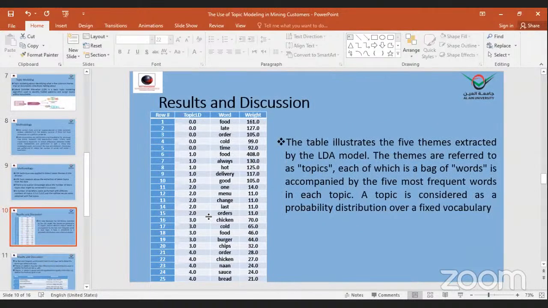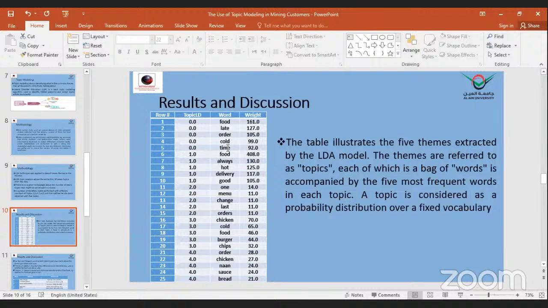Now, results. The analysis revealed that we have 5 topics within the text. What we got here in Table 1 is that we have 5 topics, and the 5 words that were mentioned most in each topic are listed here. For example, topic 0, the first topic: food, late, order, cold, time.